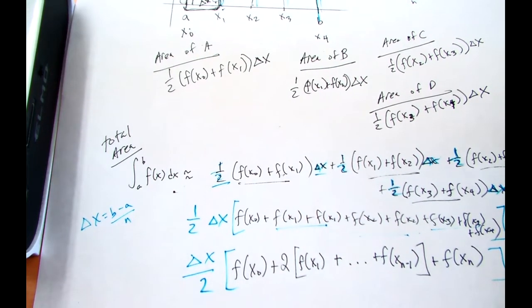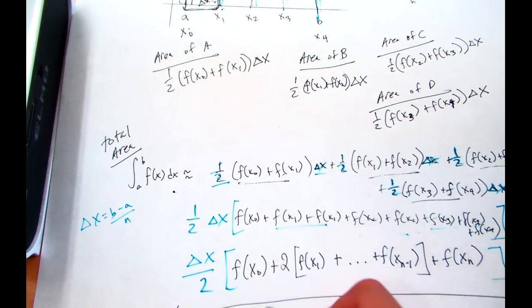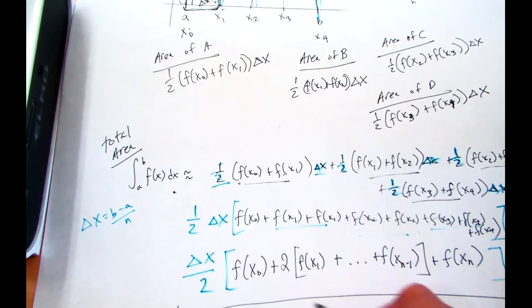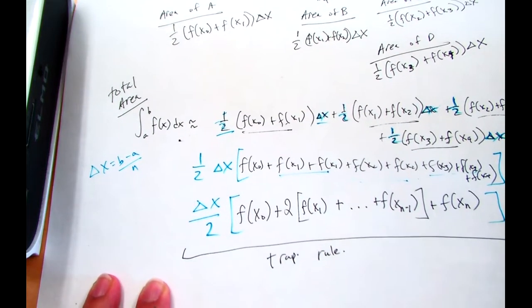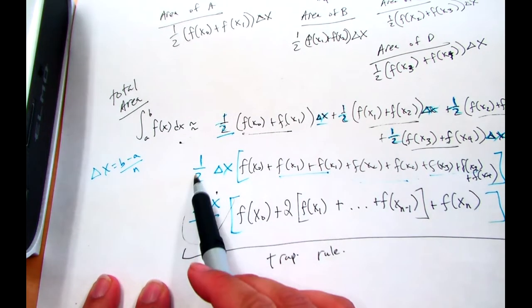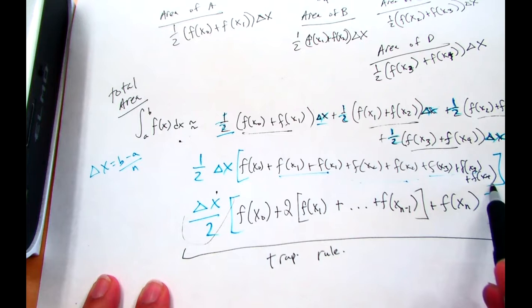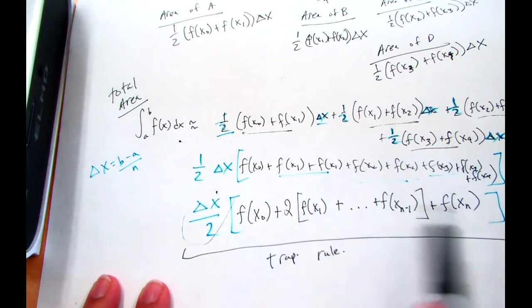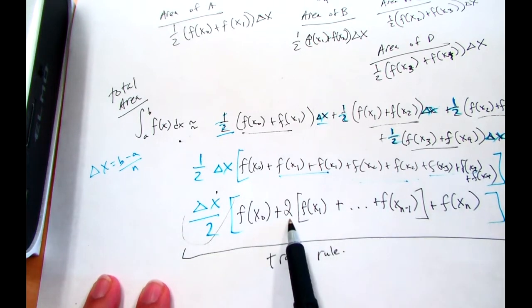So that's a lot to take in, but this right here is our trapezoid rule. Oops, couldn't see that, the trapezoid rule. It's a lot to take in, but this business here sometimes looks mysterious until you realize it's 1/2 times the height, and then these are the bases. Well, all but the first and the last base gets used twice, right?